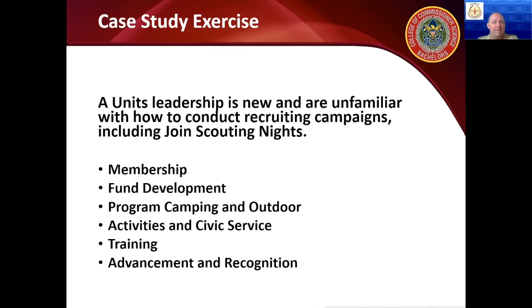So if the unit provides the date and time that event's happening, they can do some social media help with them also. There's also flyers available, and even posters available that the council can print up for you. So lots of availability there if we link our units up to that resource.